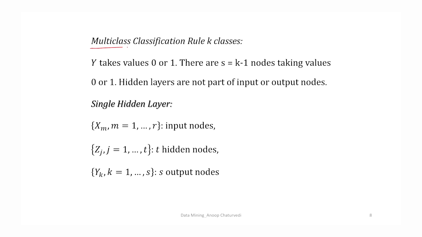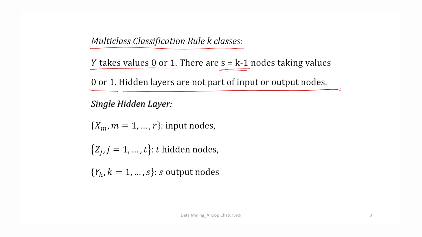Then multi-class classification rule for k classes. Say y takes value 1 or 0, y is a binary variable. Then there are s equal to k minus 1 nodes taking values 0 or 1. So, hidden layers are not part of input or output nodes.